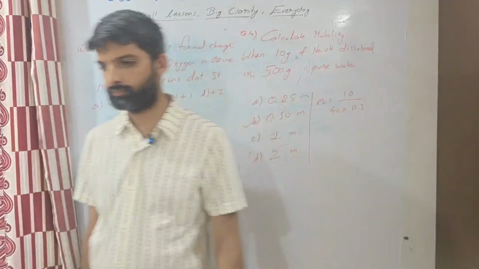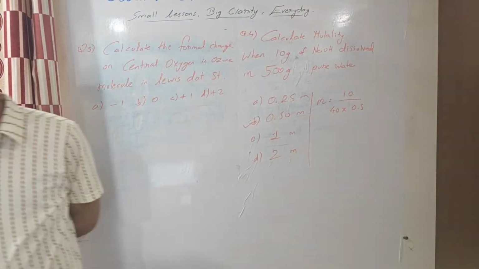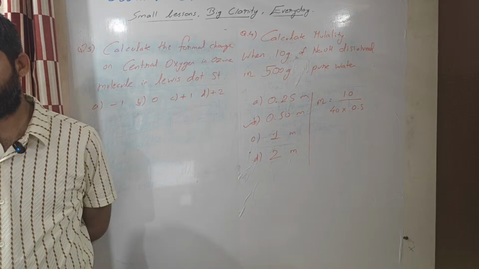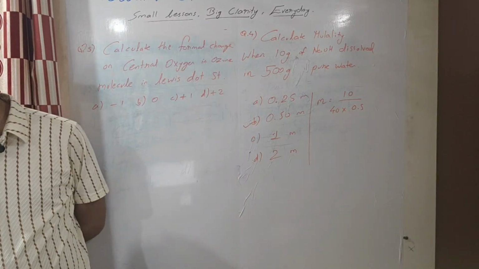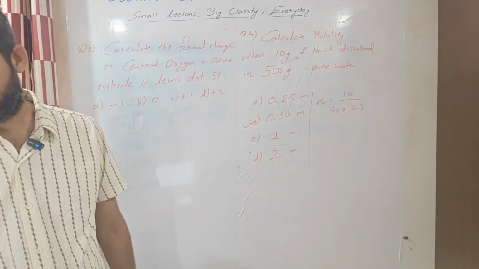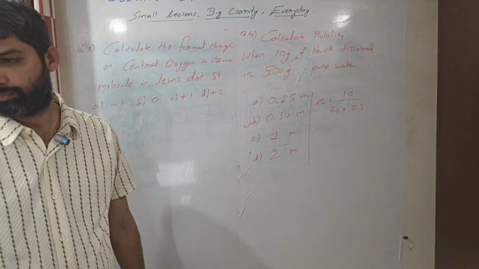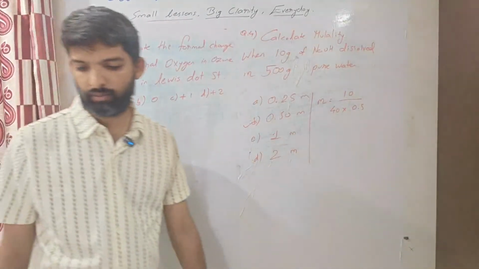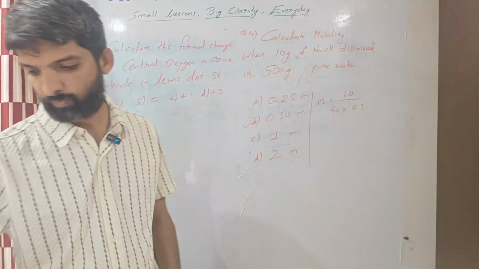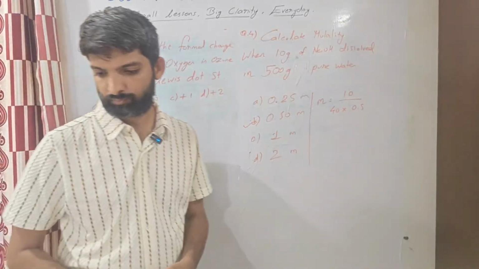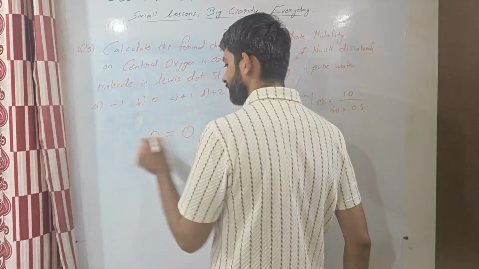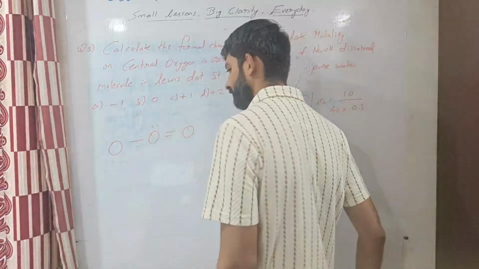Anyone? Okay, +1. You are saying +1. Ozone molecule looks like this, and here lone pairs are there.